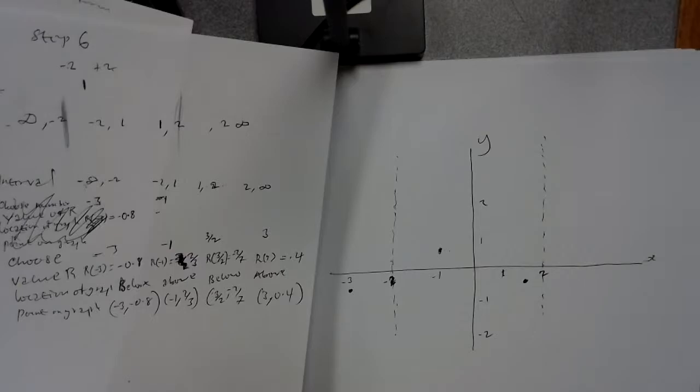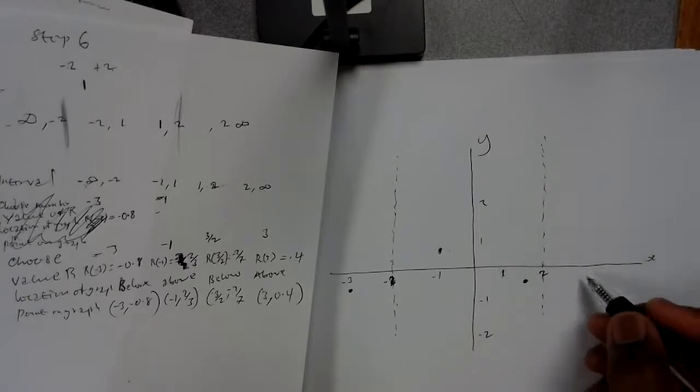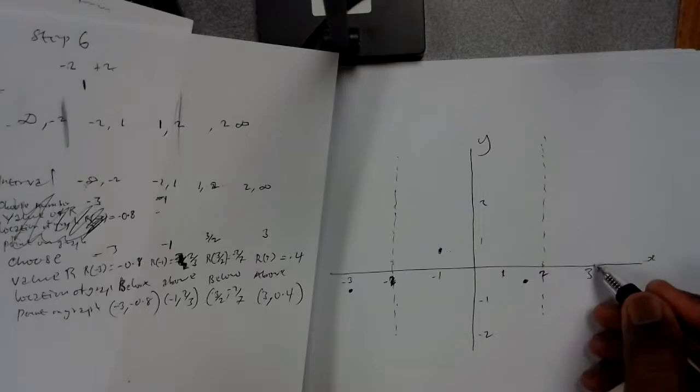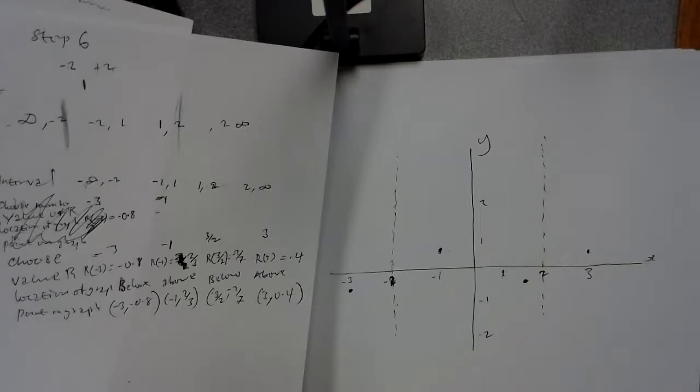And the next one is (3, 0.4). So I'll get 3 here, and 0.4 will be around this end.